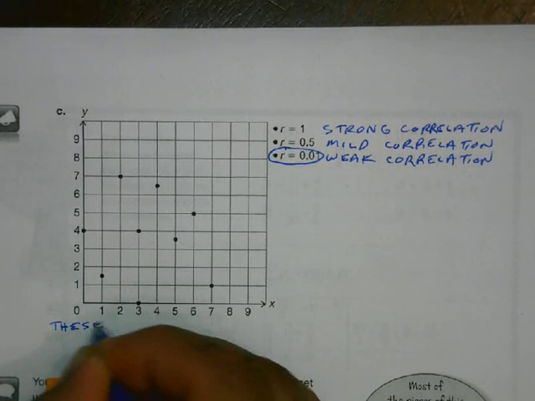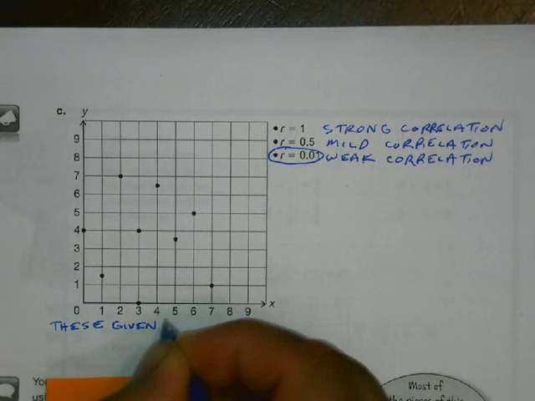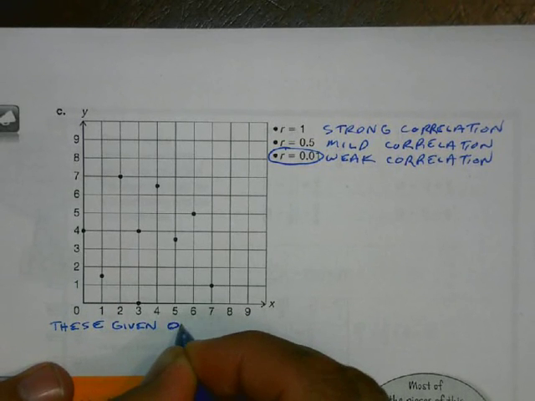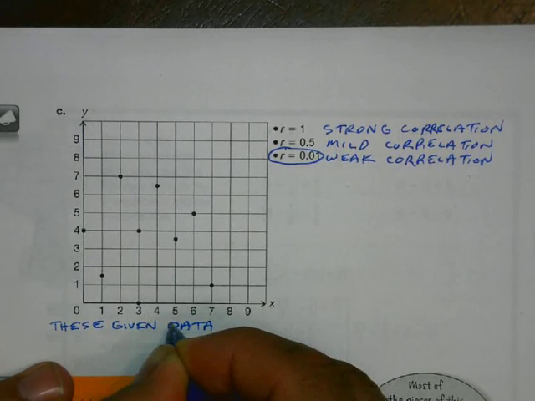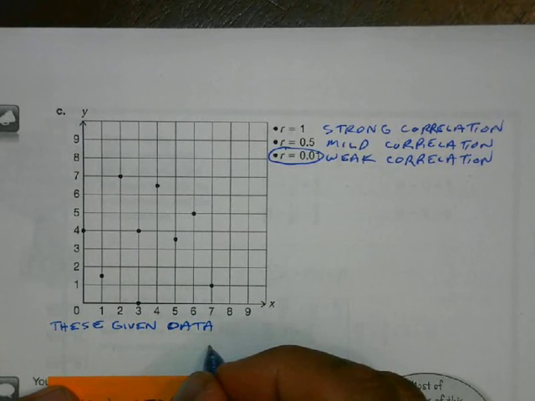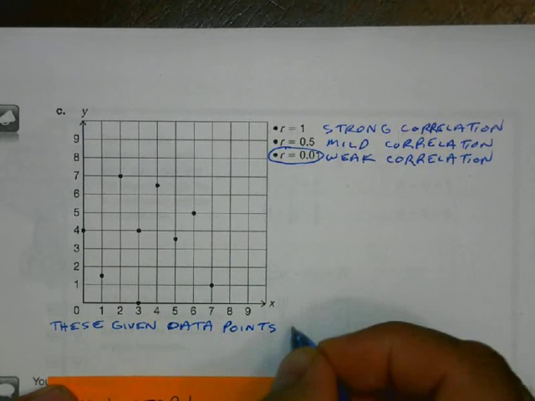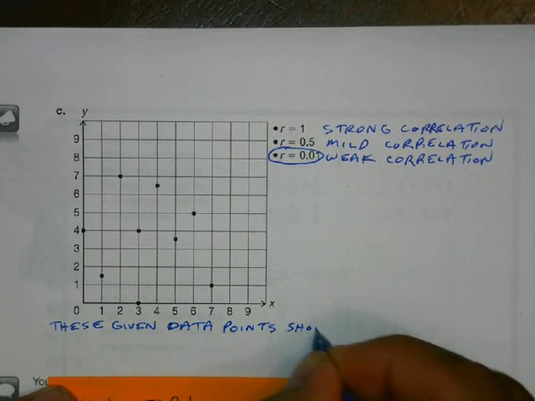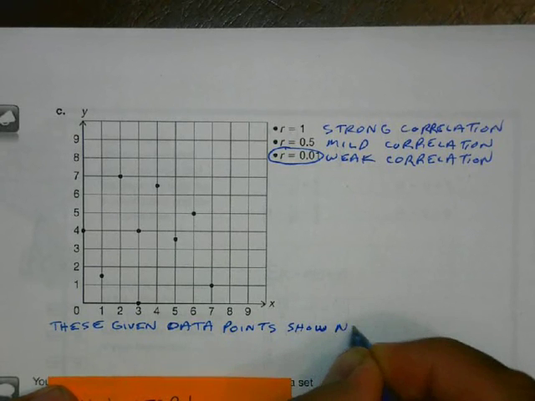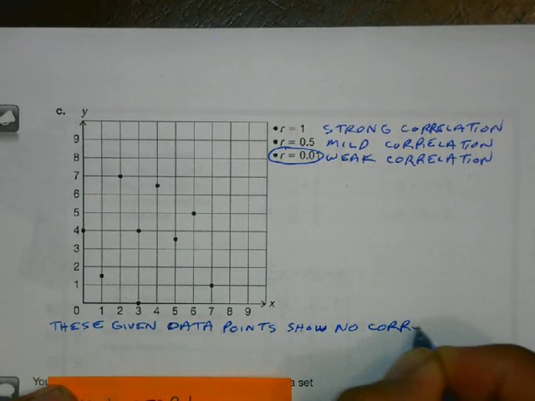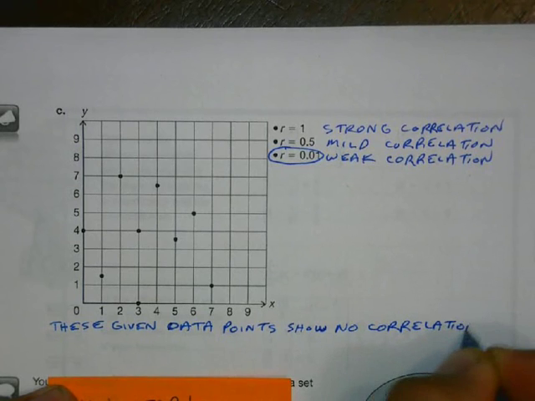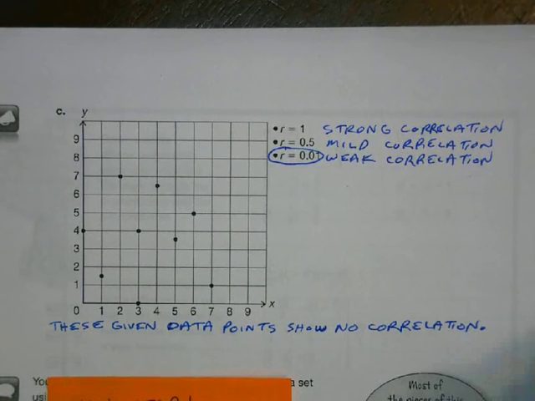Let's see, we could follow it up with maybe, since there is not a linear relationship in the data, the R value would be close to 0.